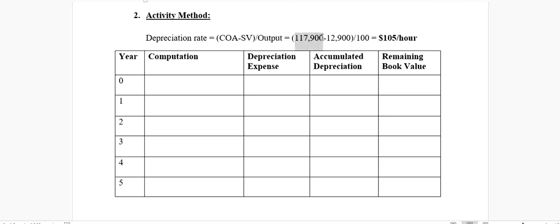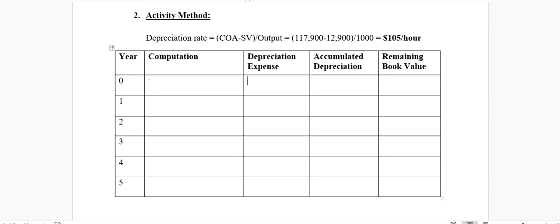So our cost of asset was 1,17,900 minus the salvage value of 12,900, and we will divide it by 1000 hours, which is the total life of this machine. If you simplify it, we get $105 per hour, which means if the machine works for 1 hour, then our machine will depreciate by $105.